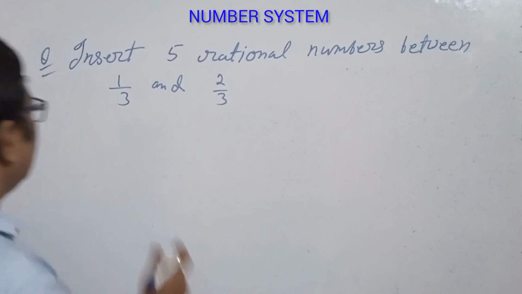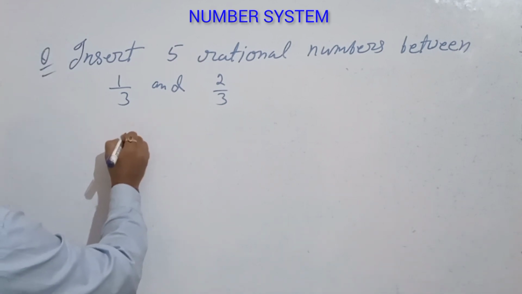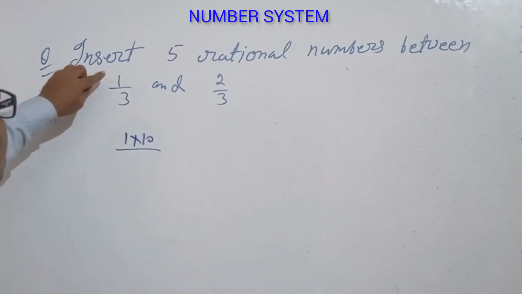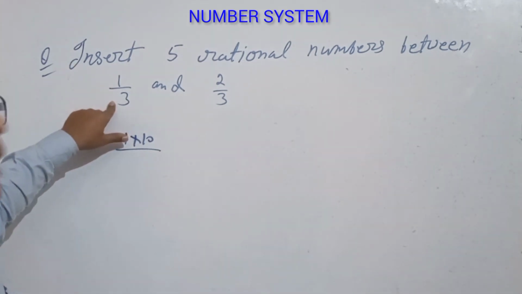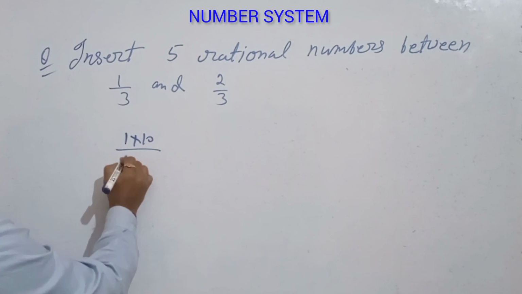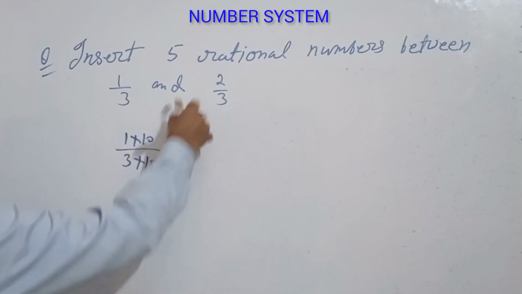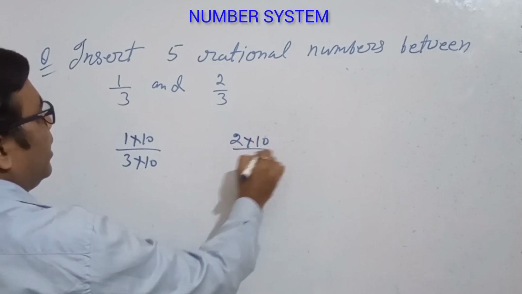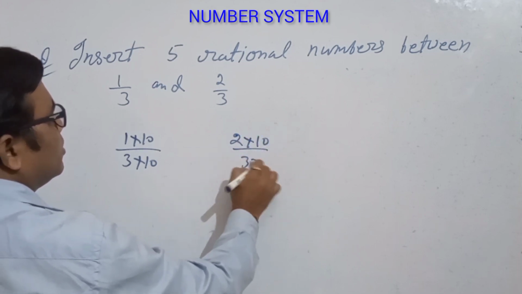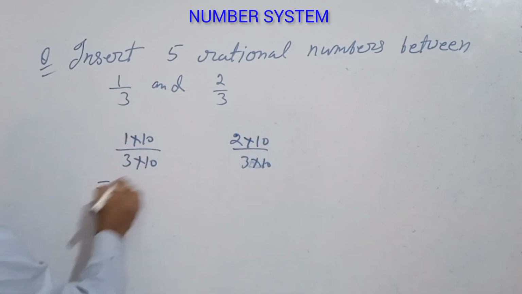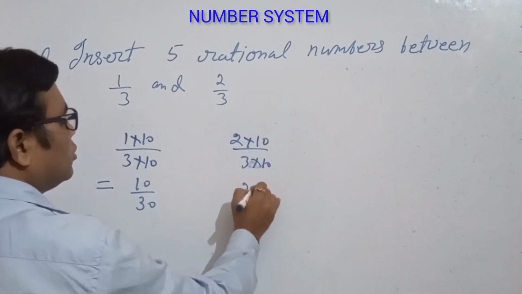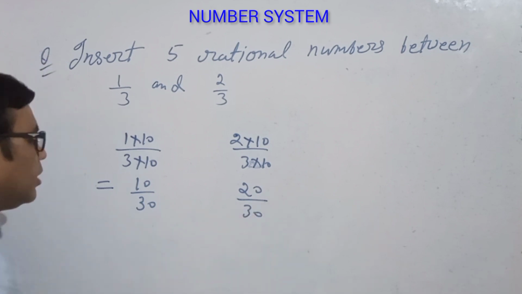So first we will multiply numerator and denominator by 10. So 1 into 10, 3 into 10. In the next one, 2 into 10 and 3 into 10. This will become 10 by 30 and this will become 20 by 30.